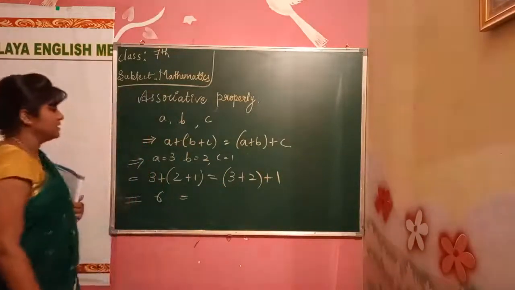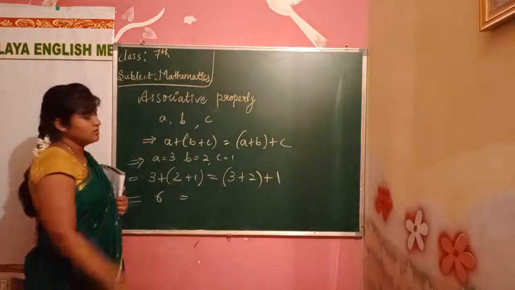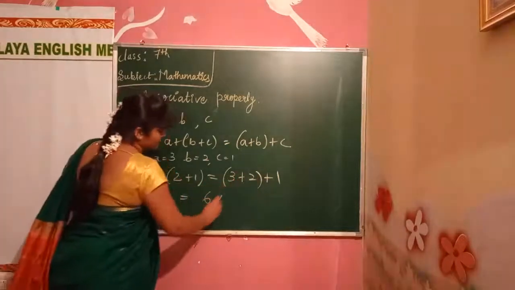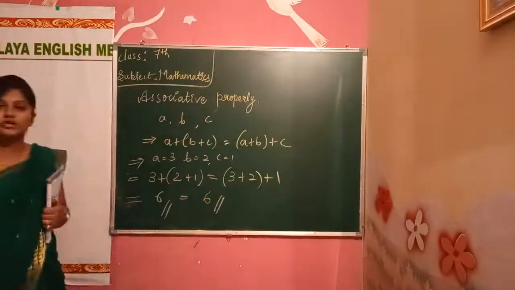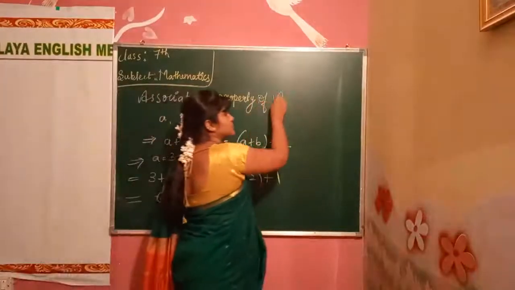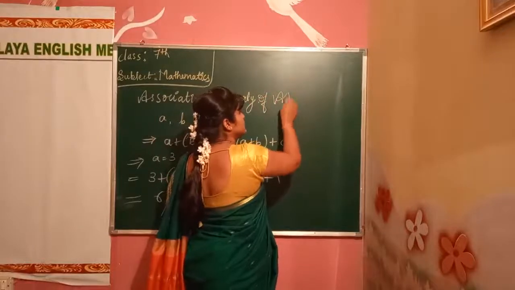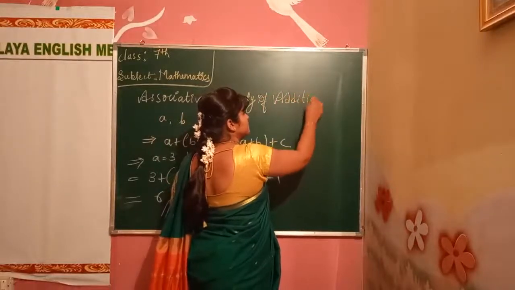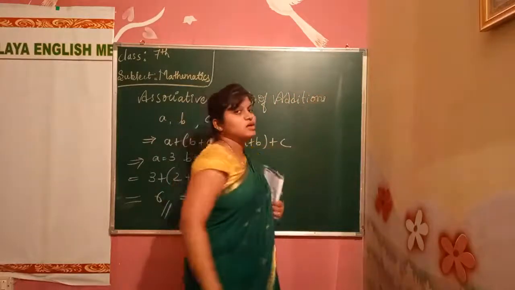The next will be, 5 plus 1 will be 6. Holds good. Associative property of addition holds here, children.